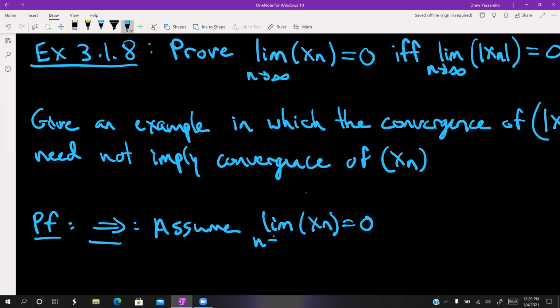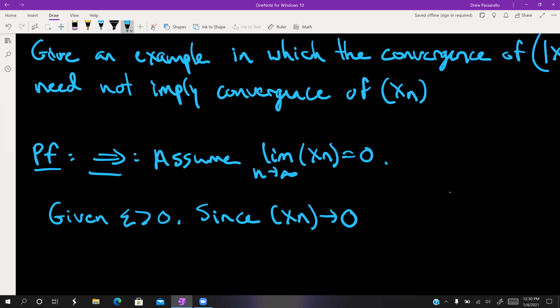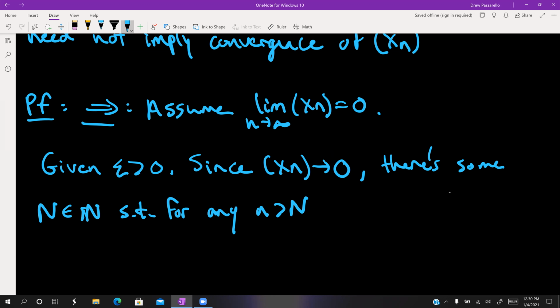So since our sequence xn converges to 0, there's some capital N such that for any little n bigger than capital N, we have the absolute value of xn minus 0 less than epsilon.